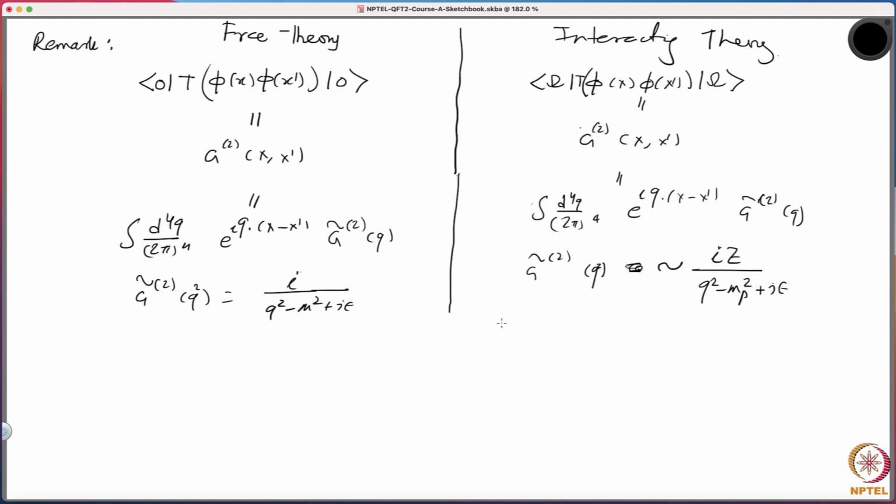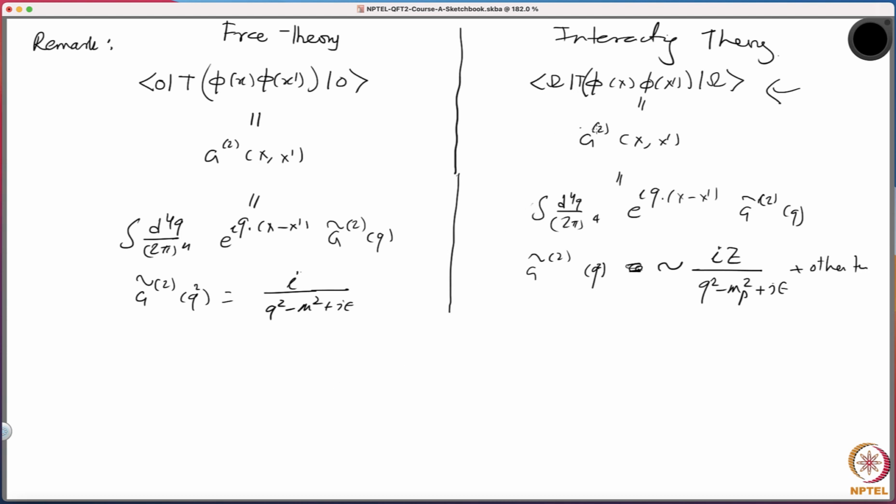Now of course there are other terms. What you can do is, if you redefine the fields here, the normalization of fields is not fixed. You can choose to normalize it differently.